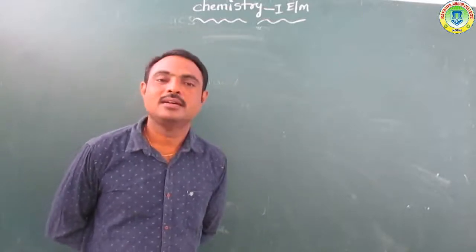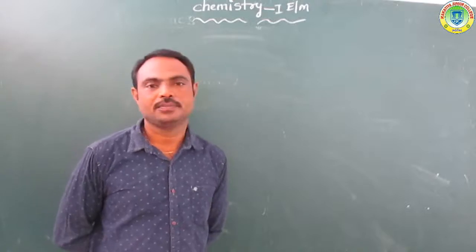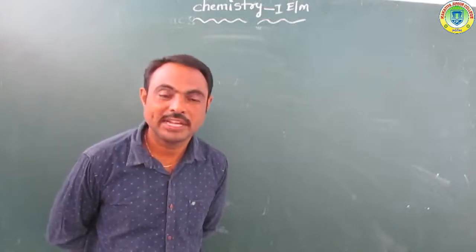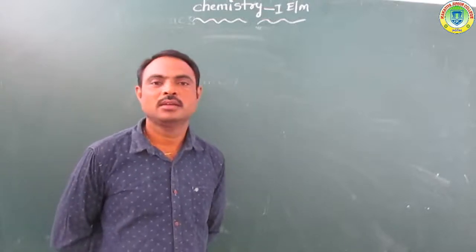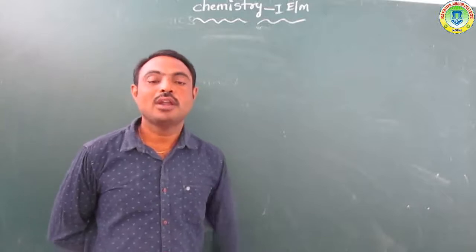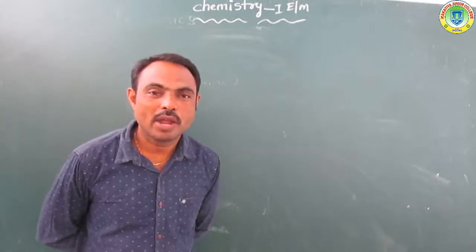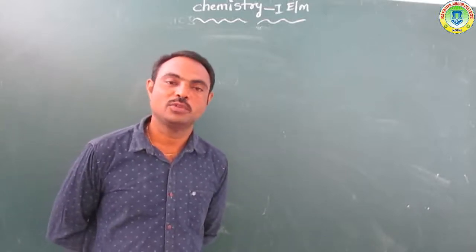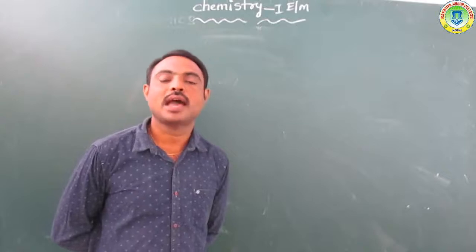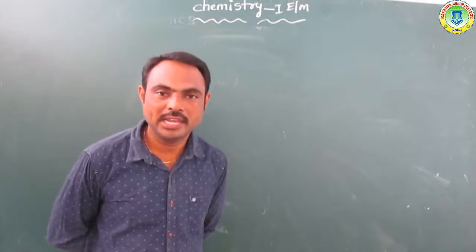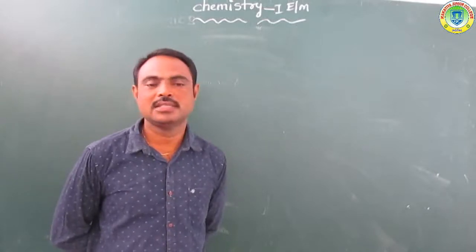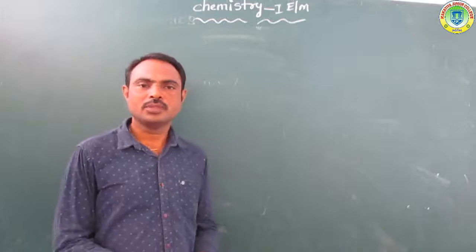Diamond is a three-dimensional structure, with bond length 1.54 angstrom units and bond angle 109 degrees 28 minutes. This was the last class.